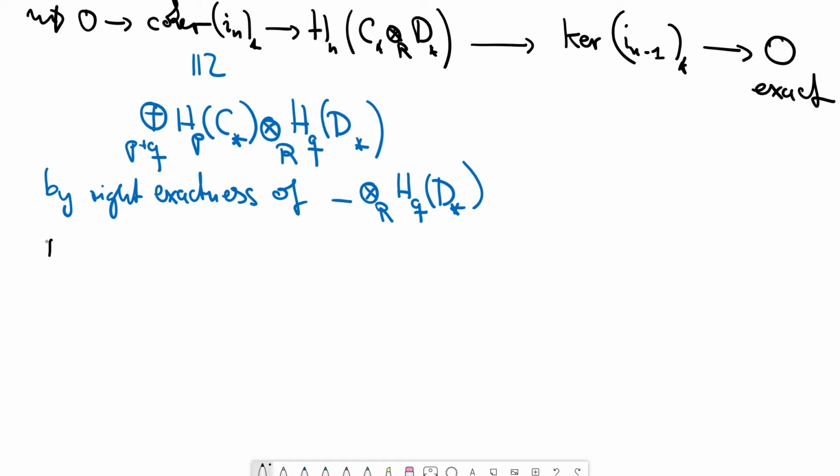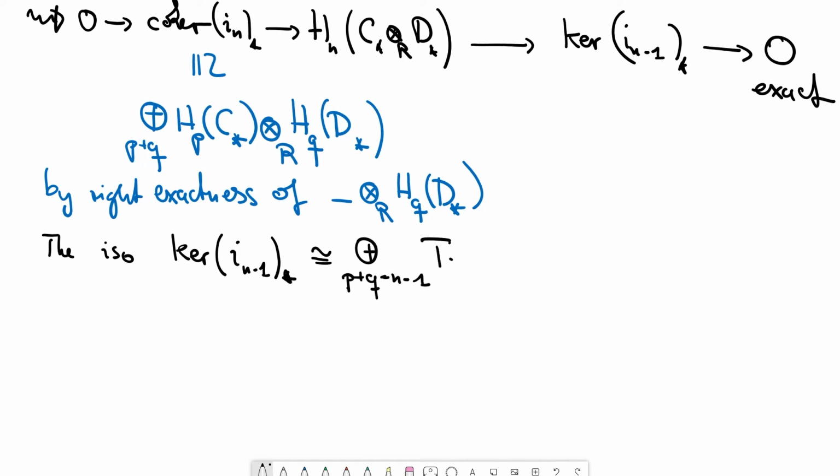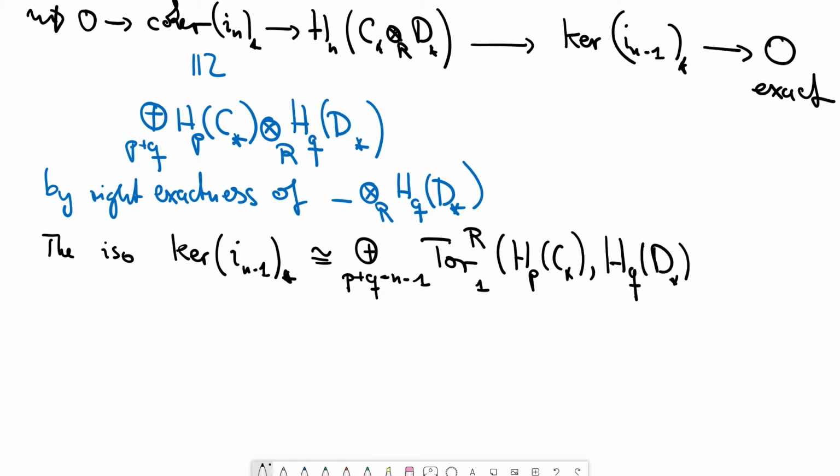So the isomorphism of IN minus star to the Tor term that's in the statement, let me formulate it like that.